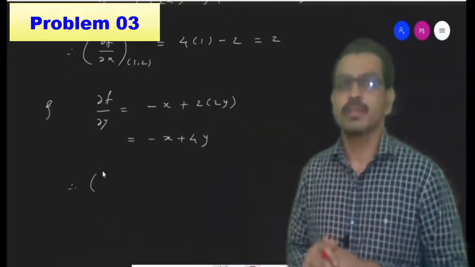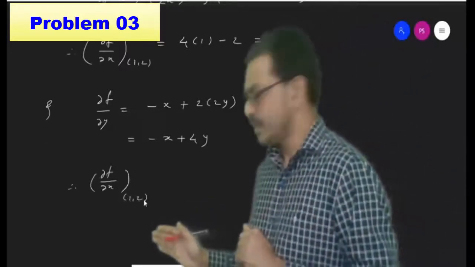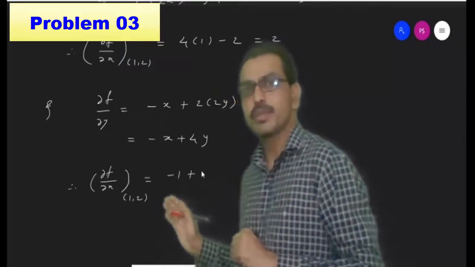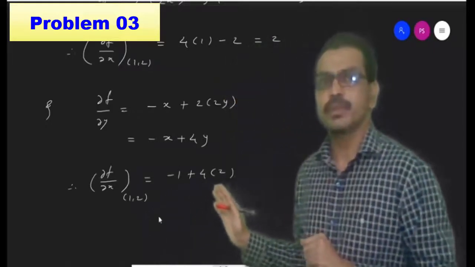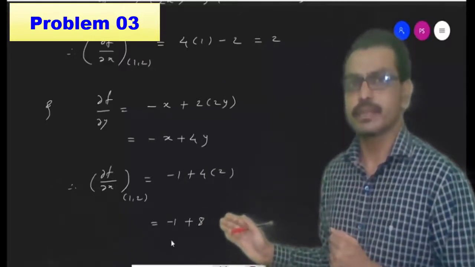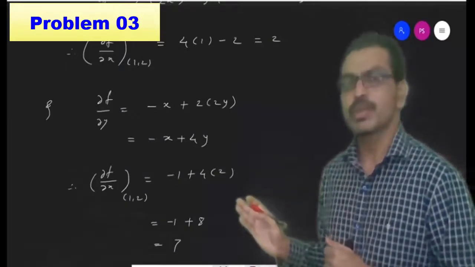Therefore, ∂f/∂y at the point x = 1, y = 2, put x = 1 and y = 2, is equal to −1 + 8, which is 7. This is the required solution of this problem.